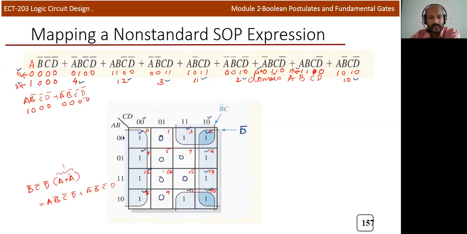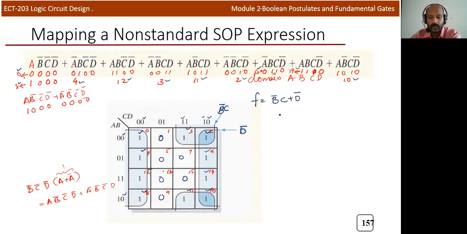Row wise, the first and last rows are 0, so you can put B bar, and column wise, in the third and fourth columns, 1 is common, so you can write C. So the function can be written as B bar C plus D bar.